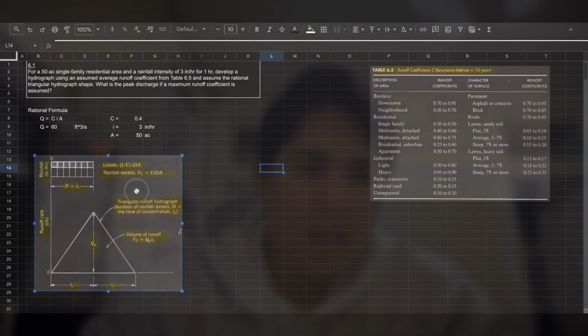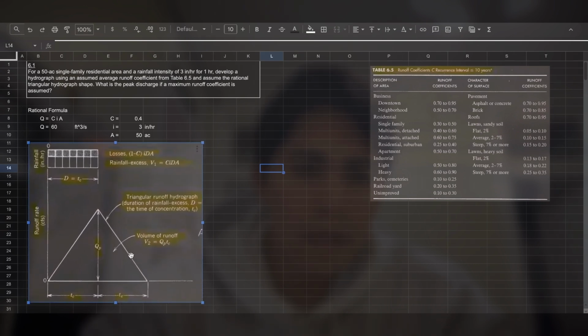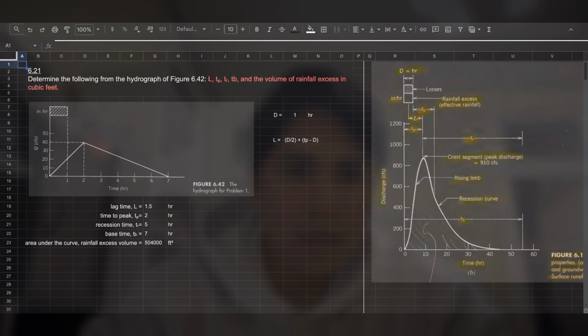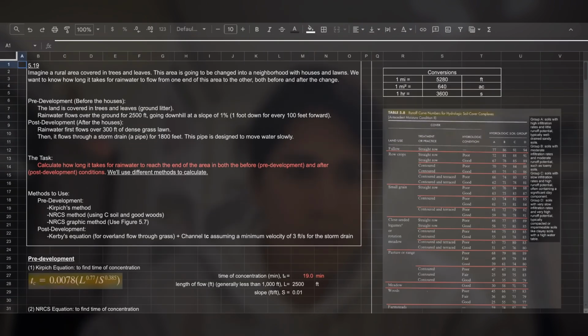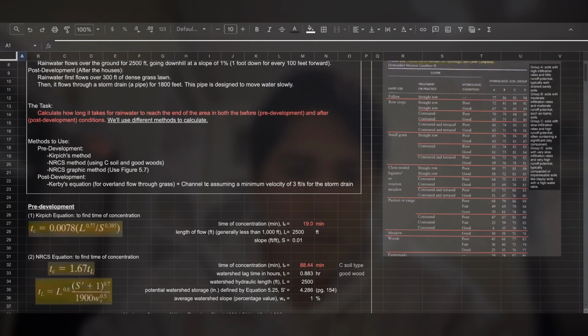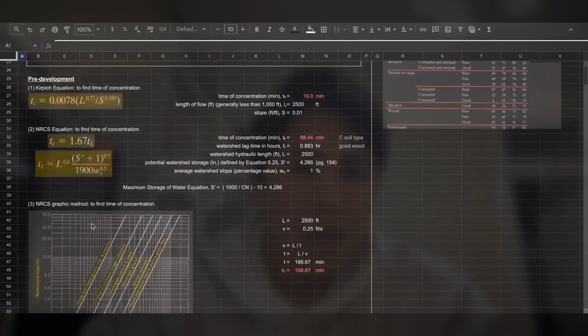Now, if you look at this hydrograph template here for the rational method, you'll notice that this template is used assuming that the time of concentration is equal to the duration of the rainfall. If you remember, I think it was video 16, that we worked with times of concentration using Kirpich and NRCS.